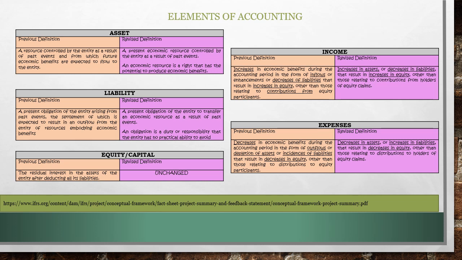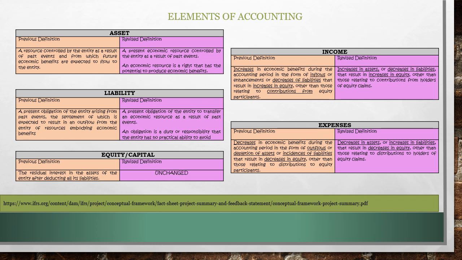Okay, for the fourth element of accounting, that is the income. Previous definition: increases in economic benefits during the accounting period in the form of inflows or enhancements or decreases of liabilities that result in increases in equity, other than those relating to contributions from equity participants.